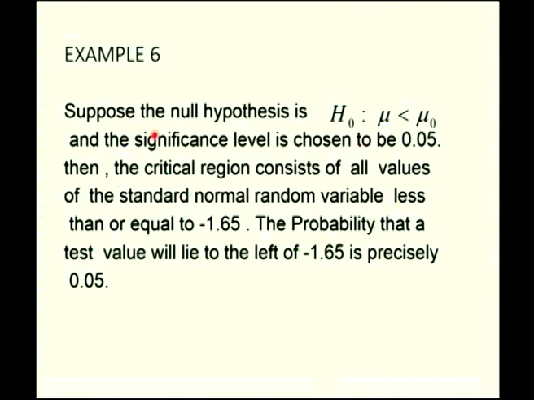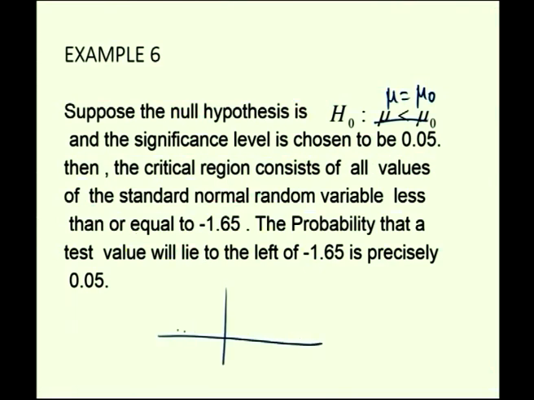Let us see this example. Suppose the null hypothesis is H naught such that mu is equal to mu naught and the significance level is chosen to be 0.05, then the critical region consists of all values of the standard normal random variable less than or equal to minus 1.65. The probability that the test value will lie to the left of minus 1.65 is precisely 0.05.